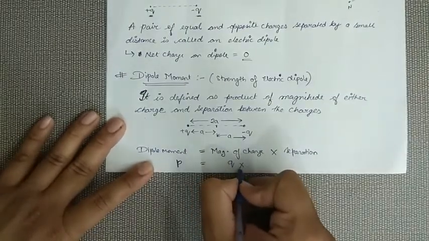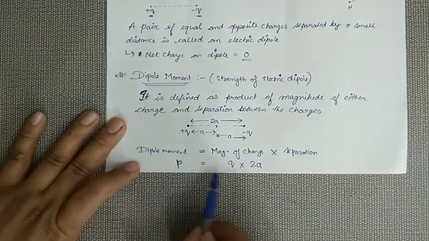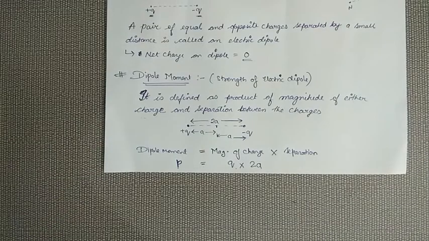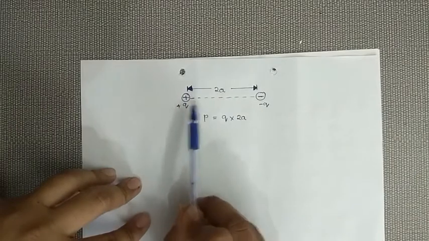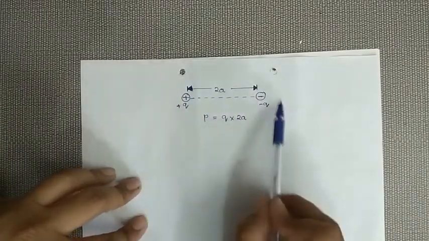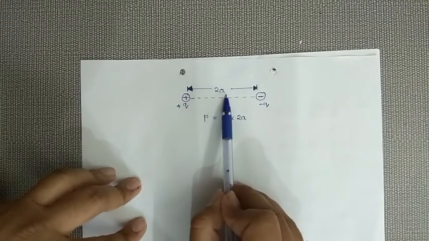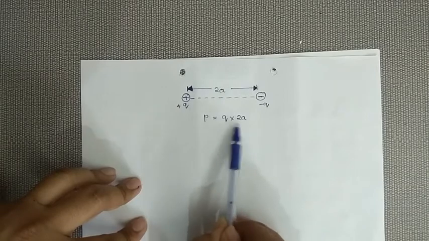So Q times the separation, which is 2a. So your dipole moment P equals Q times 2a. This is the representation of dipole moment. So let's see some more important points. This is your setup of dipole, plus charge and minus charge separated by a small distance 2a. So dipole moment P equals Q into 2a.